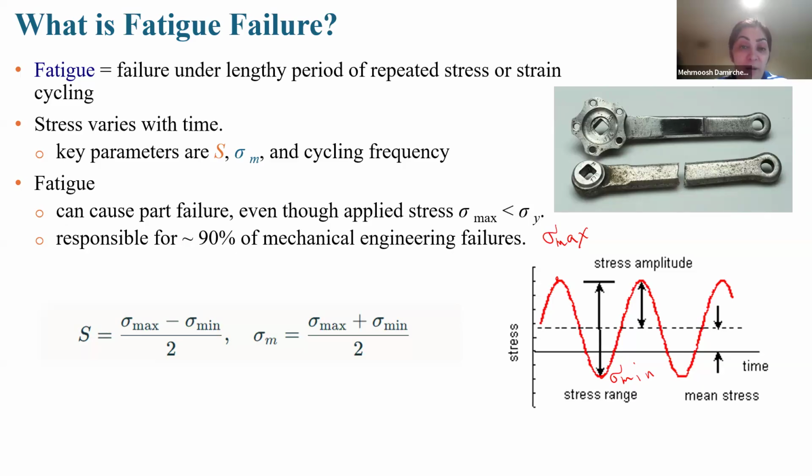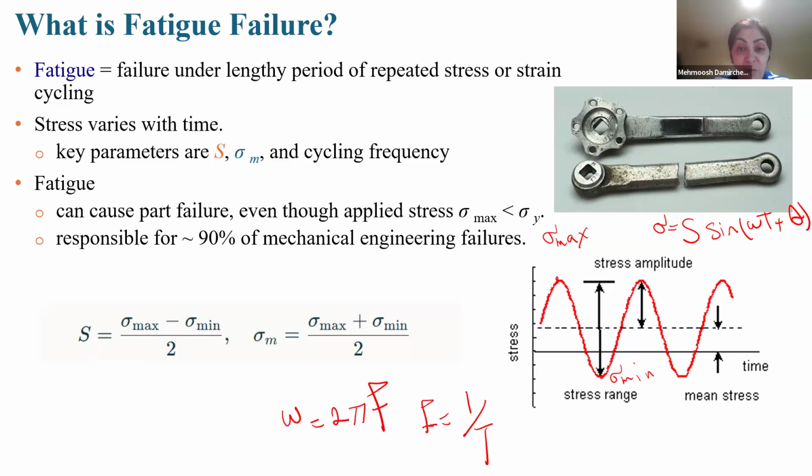Stress varies with time, as you see: sigma changes to sigma max and again decreases to sigma mean and back to the initial value. So if we want to write that, we can say sigma is S, the amplitude of stress, times sine omega t plus theta. Omega is the angular frequency, which is 2 pi f, and f is the frequency, the reciprocal of the period.